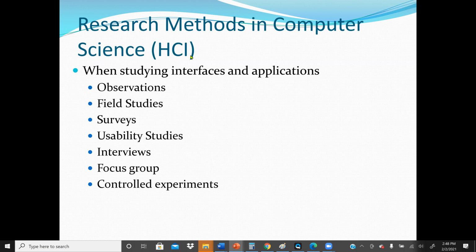In human-computer interaction, we are trying to find out if we can come up with some methods or tools or devices that participants can use to interact with a computer more easily. The previous example I gave was if I develop a nice computer game for children between the ages of 6 to 12, the learning curve of the game shouldn't be too high.